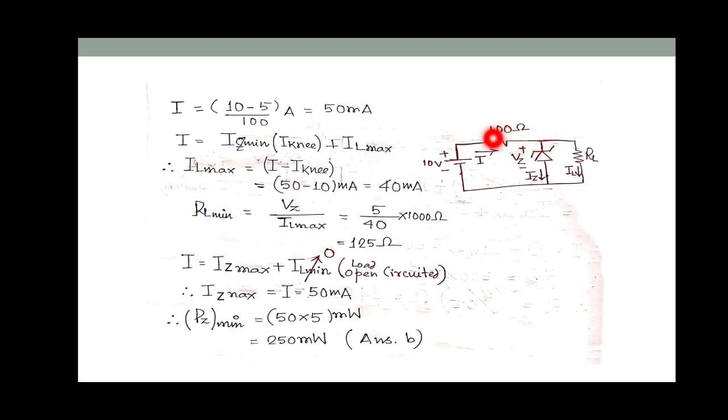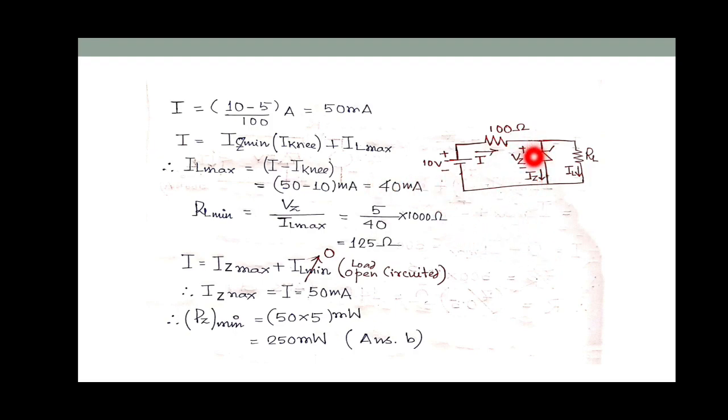Applying KCL here, I equals IZ minimum plus IL maximum, as already explained in earlier examples. So IL max equals I minus I knee, that is 40 milliampere.